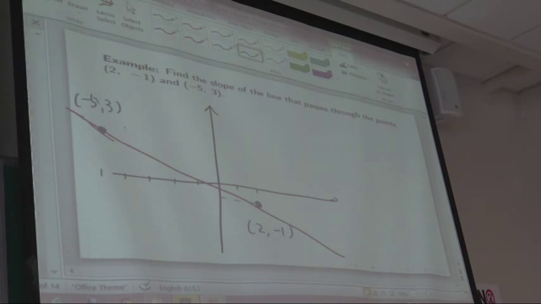To find that, we can make a right triangle in this way or in this way. It doesn't matter, it's the same thing. The slope is the change in y over the change in x.